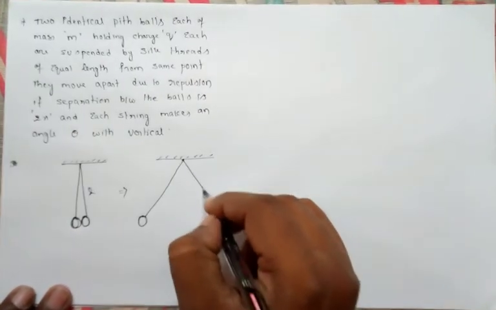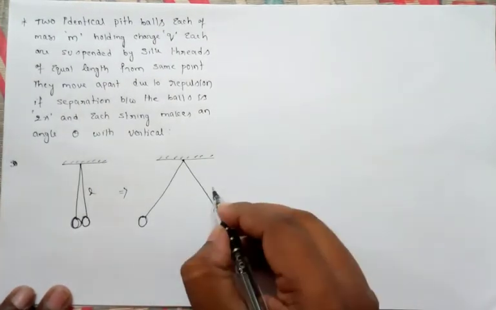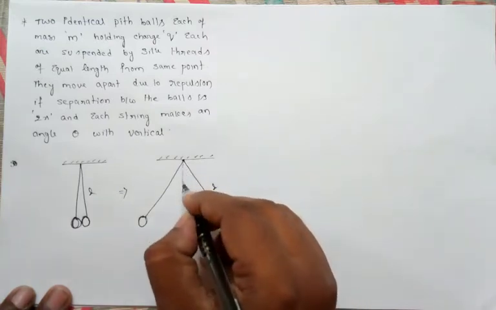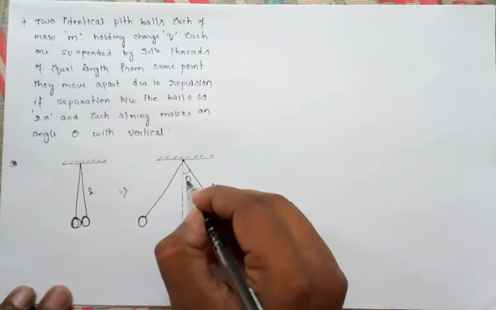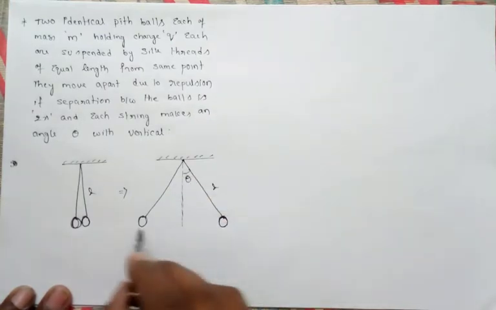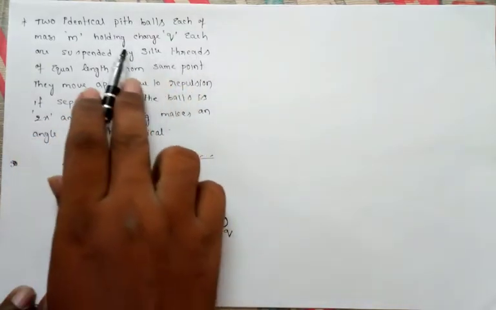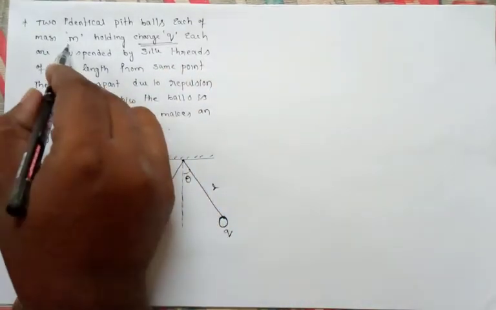They repel each other by the Coulombic repulsive force. This is the silk thread, of length L, and each one makes an angle theta with the vertical. This is the charge q and this is the charge q. Each is suspended, holding charge q, and each has mass m.